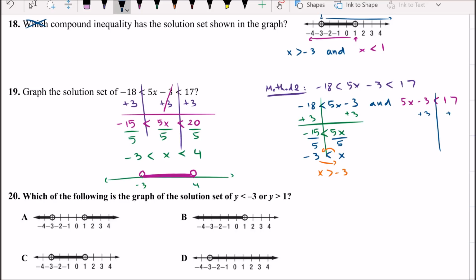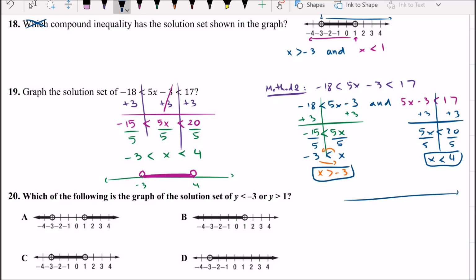Over here we're going to add 3 on both sides. That will give you 5x less than 20. And divide by 5 on both sides, x less than 4. Okay, so we have two solutions, -3 and 4. At -3 we're going to go to the right because it's greater than -3, with an open circle.